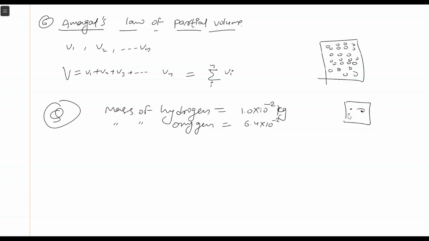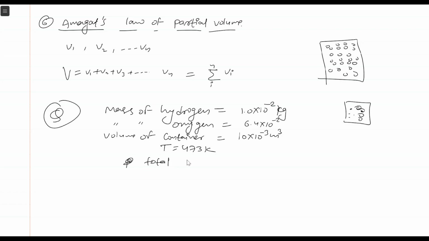The volume of the container is given to be 10 into 10 to the power minus 3 meter cube, and the temperature is kept at 473 Kelvin.